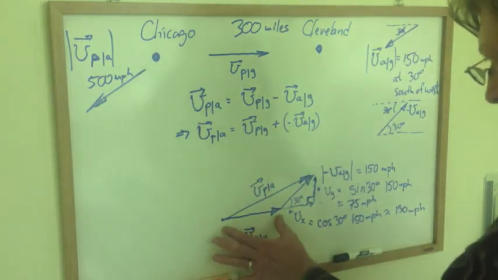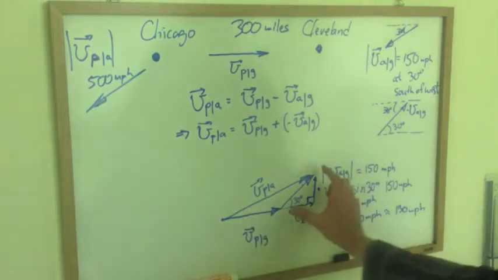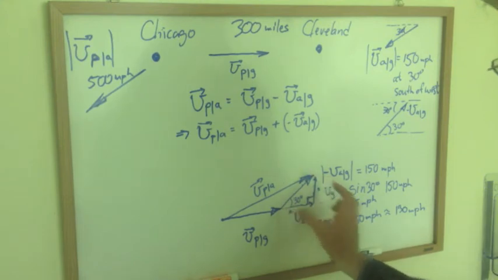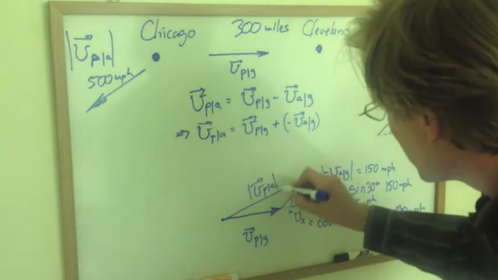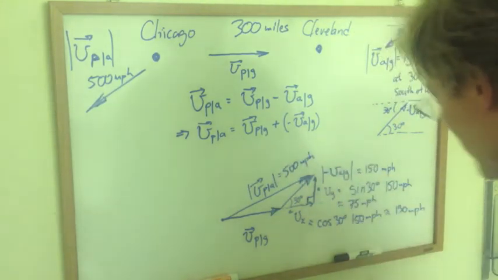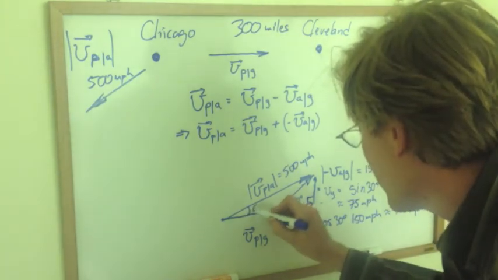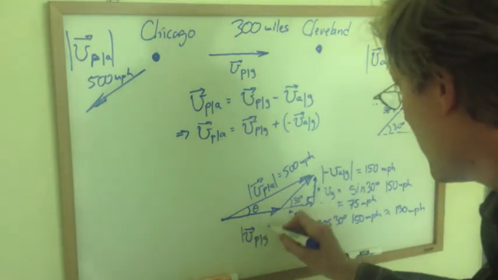We don't know what its length is, but we do know its orientation. This vector, we do know what its magnitude is, and we know its orientation. This vector, we do know what its magnitude is, but we don't know its orientation. So what is this angle theta here? That's going to be the first thing we want to know.